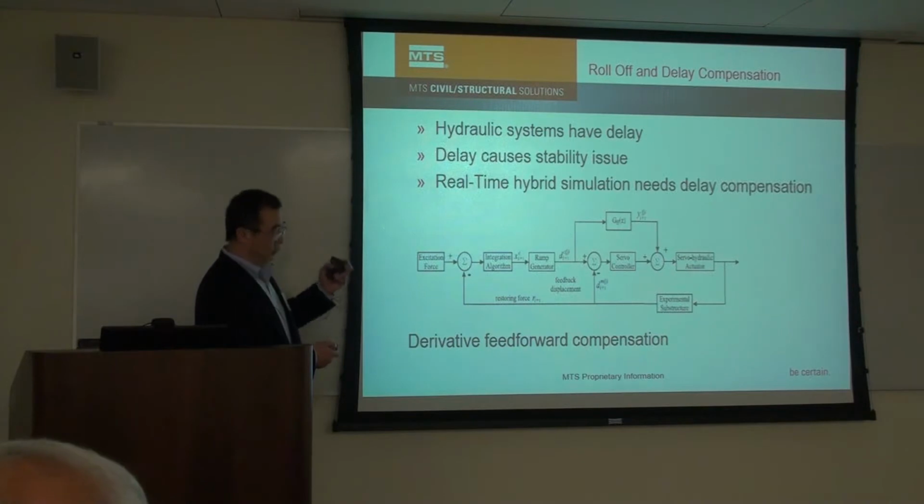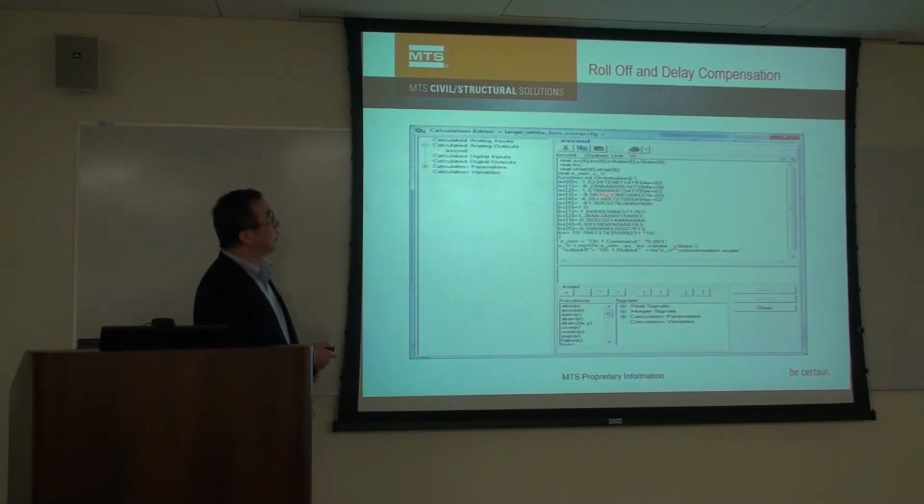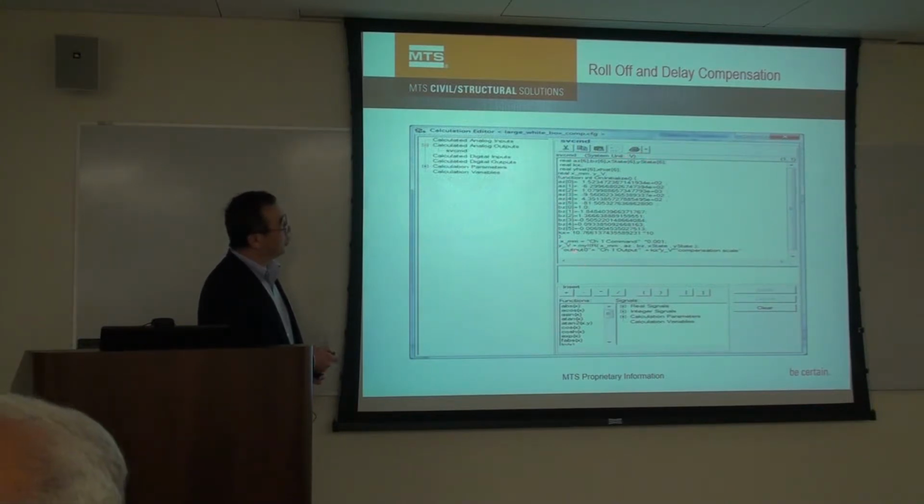And that delay compensator can be realized using calculation channel. And so here's the code for one of the hybrid tests we did. And so the transfer function, inverse transfer function between the command and feedback is implemented through calculation channel.